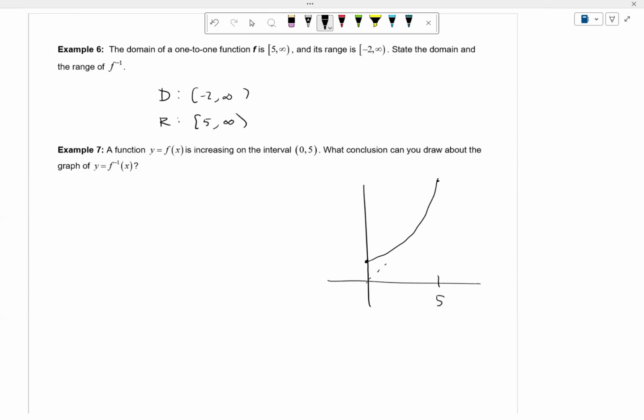Why did you do that? Like flipped over that axis. Okay, so then it would be the same, from 0 to 5, the inverse.